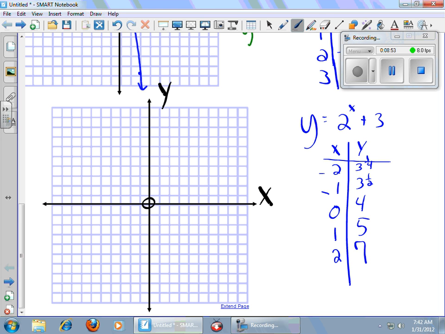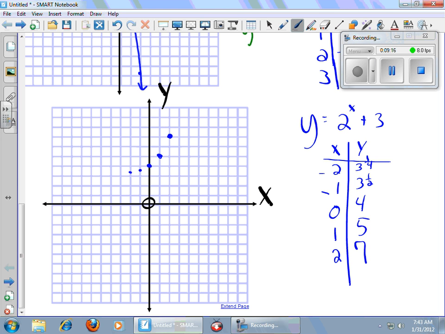All right, some of you can tell where the asymptote is going to be. Let's plot the points: 2, 7; 1, 5; 0, 4 would be right there; negative 1, 3 1/2; negative 2, 3 1/4.